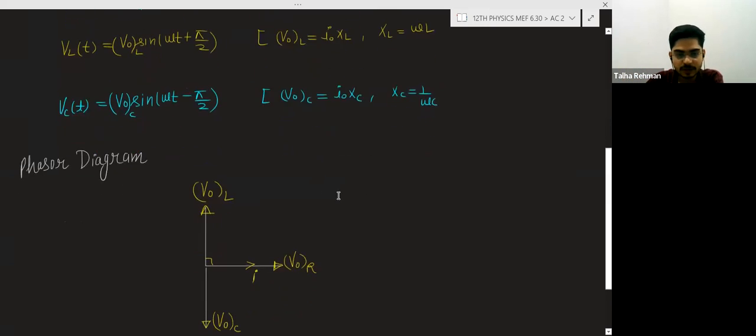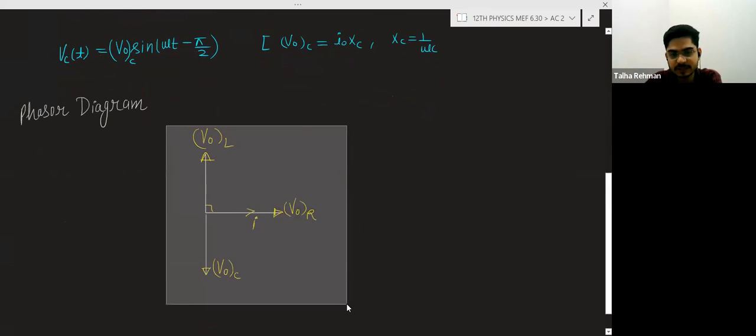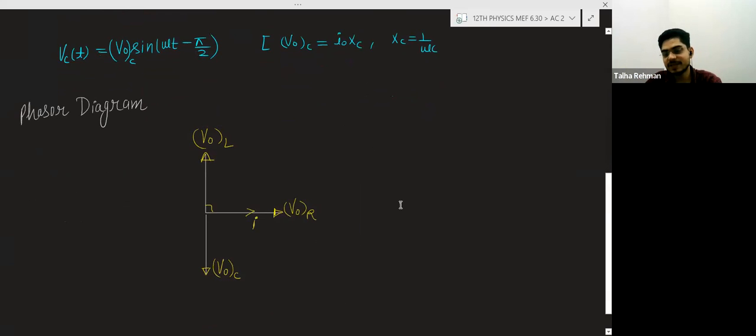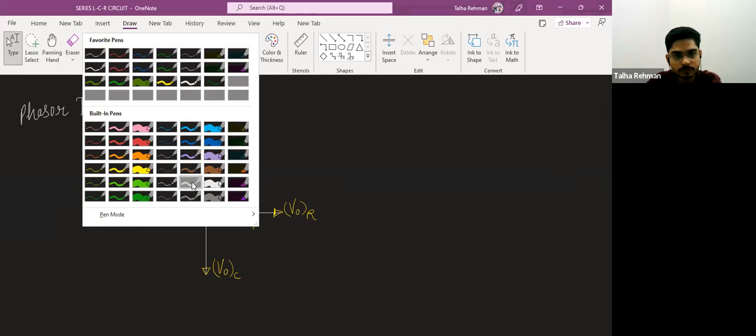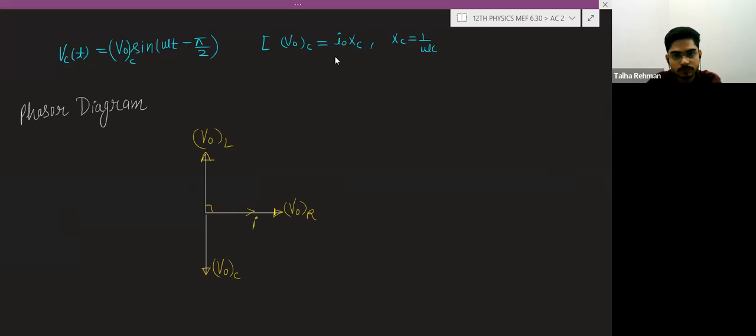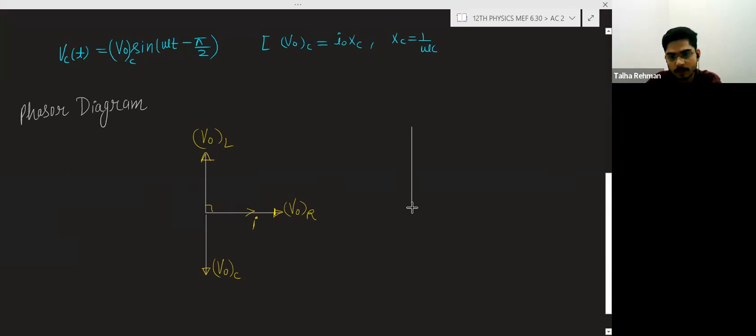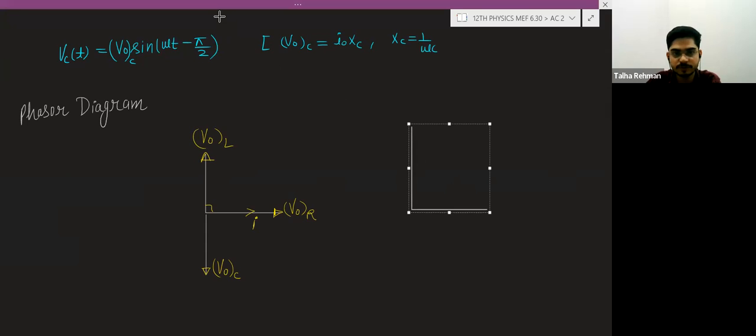So this phasor diagram is for the voltages. For the resistance and reactances, we can draw another phasor diagram, and this phasor diagram is very, very important.